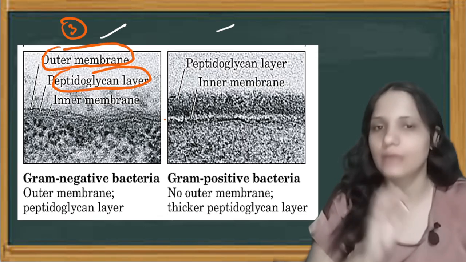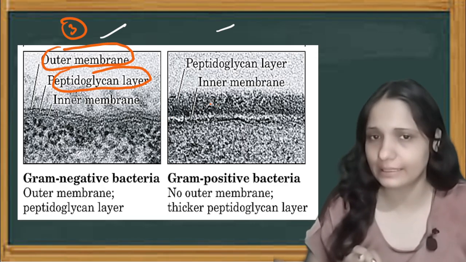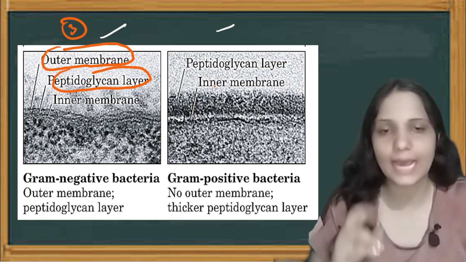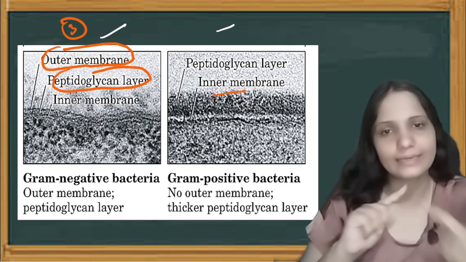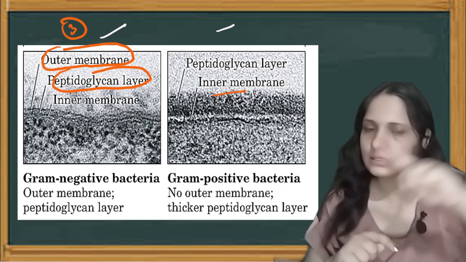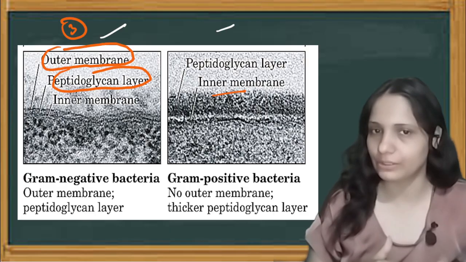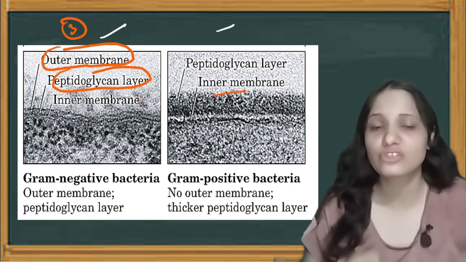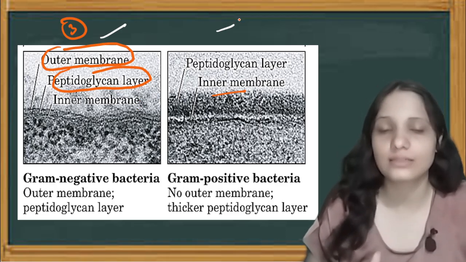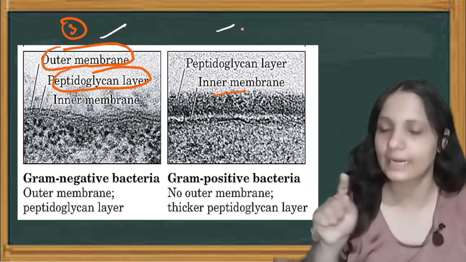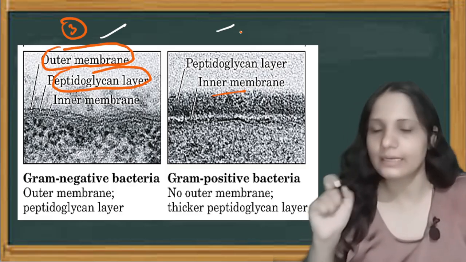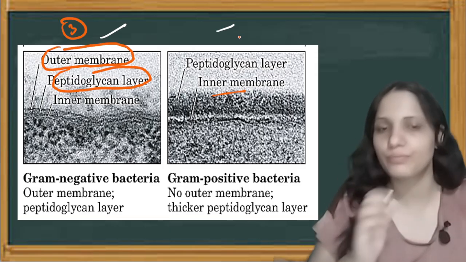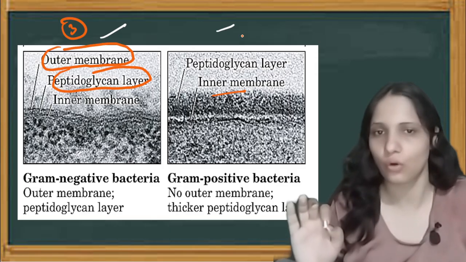On the right side, gram positive bacteria. In gram positive bacteria, how many coverings do we have? Only two coverings. Number one, the inner membrane, that is the plasma membrane. Then the outer cell wall, and that cell wall is the peptidoglycan layer. Which layer is absent here? You will answer, the outermost layer. In gram negative bacteria, we have an extra layer which surrounds the cell wall, but in gram positive bacteria, there is no outer layer.